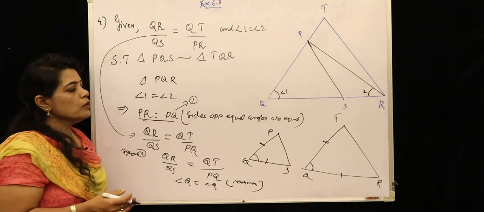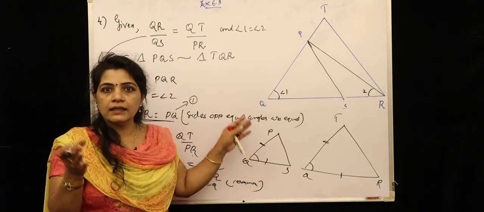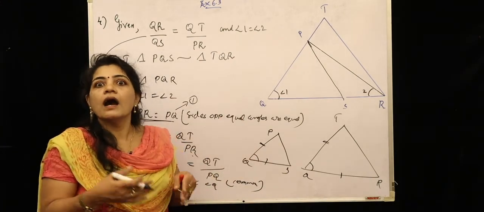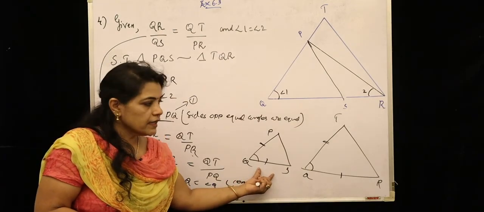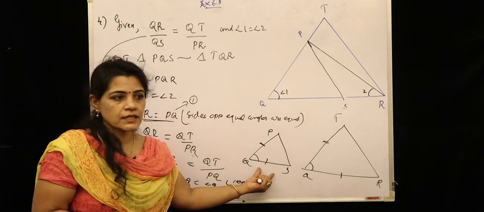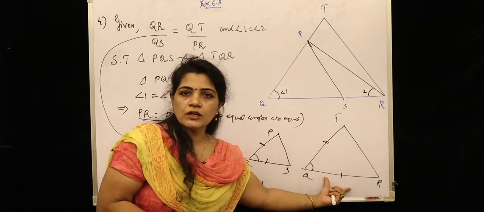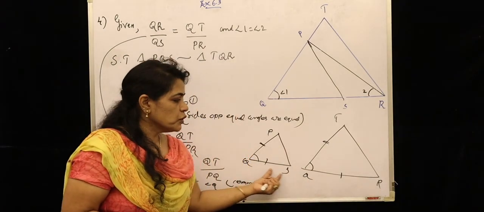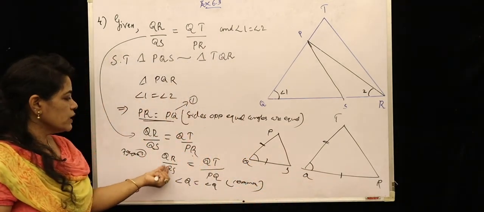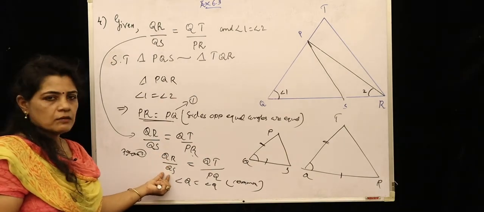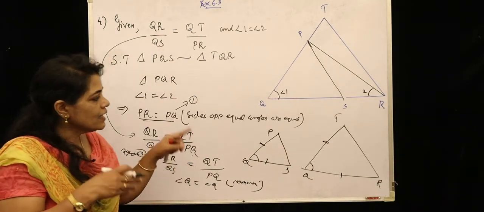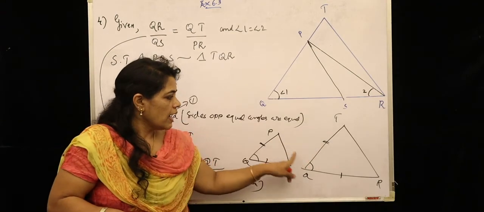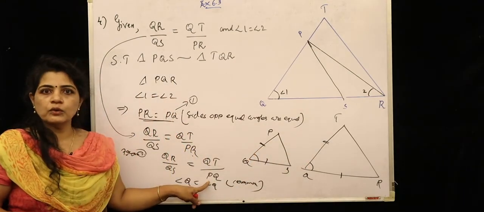So now we have one angle and their included sides are proportional. The ratio QS by QR, or QR by QS, that doesn't matter, is equal to the second included side ratio, QT and QP or PQ, no problem.